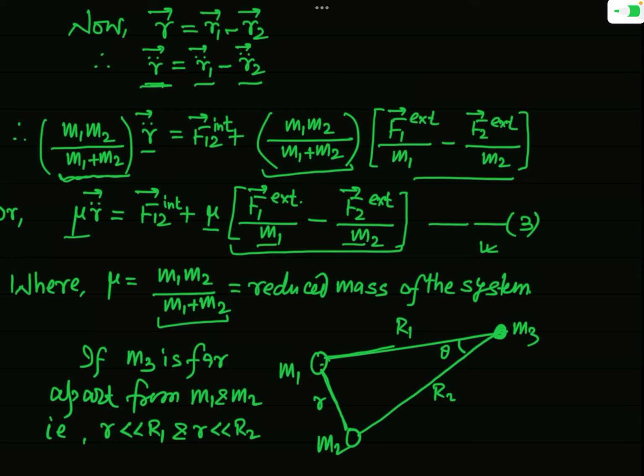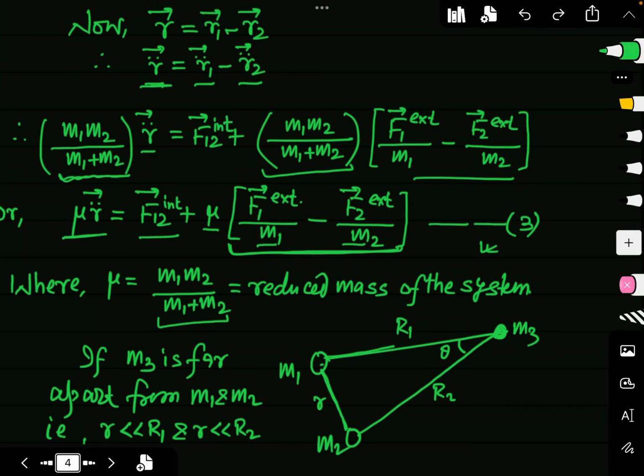Since in those two conditions these are equal, these two terms will cancel out. So this second term will vanish in equation 3 on the RHS, and the equation of motion will simply be mu r double dot equal to F12 internal.